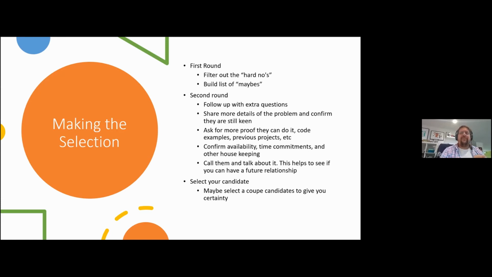I also will confirm that they're comfortable with the requirements that I've sent them, in terms of, are you sure you can do this? If I want to see some examples, say they didn't supply them on the initial response, I'll ask to see something. I'll also double confirm availability, time commitments, and any other housekeeping. Can they work these hours?